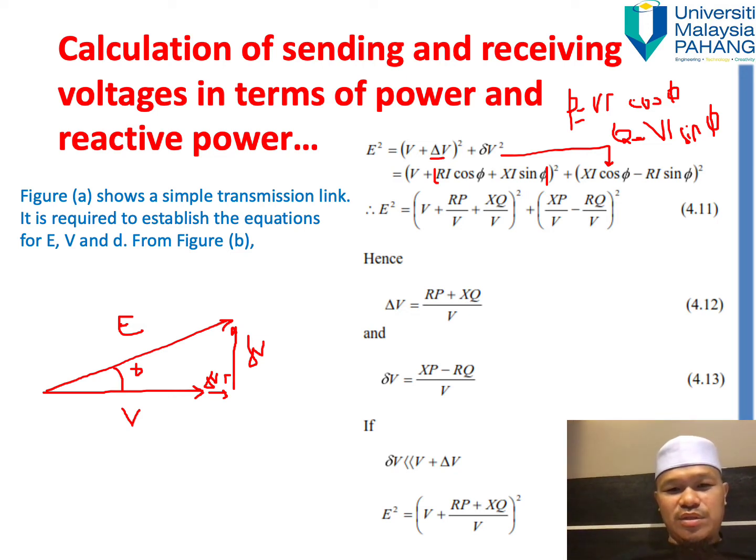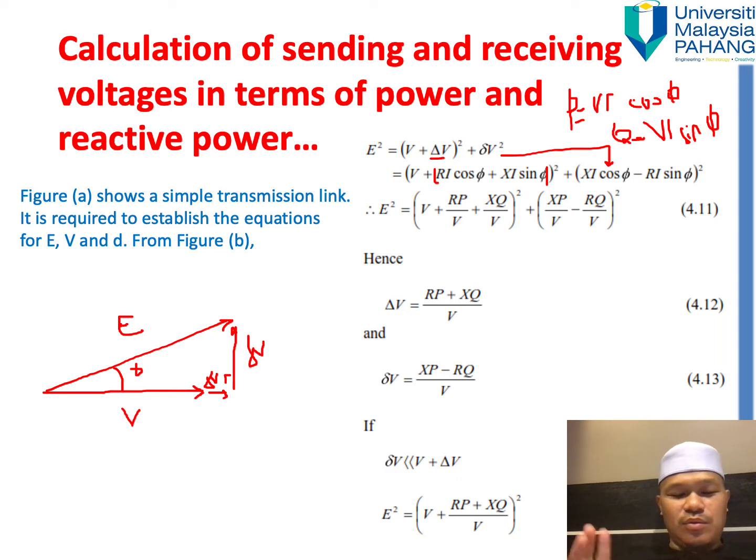Similarly, with this equation you can get XP over V minus RQ over V. And then we know already that this delta V is RP plus XQ over V, and your delta theta V is XP minus RQ over V.